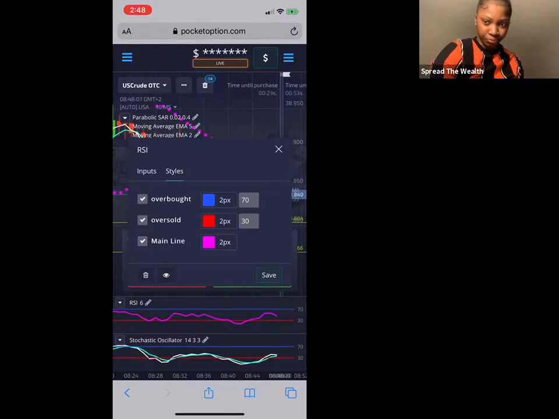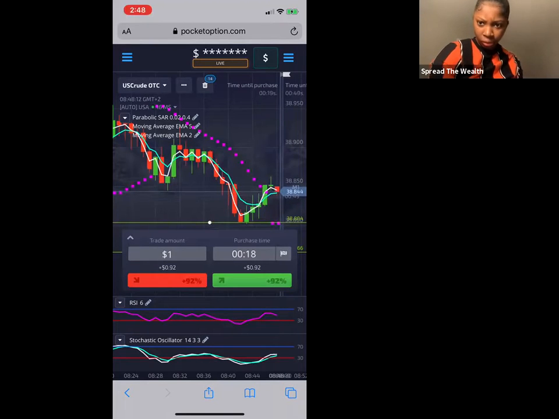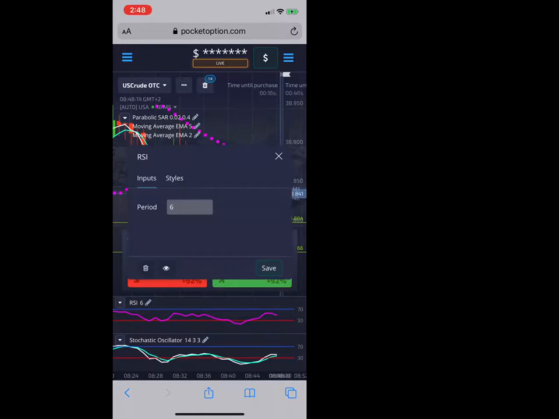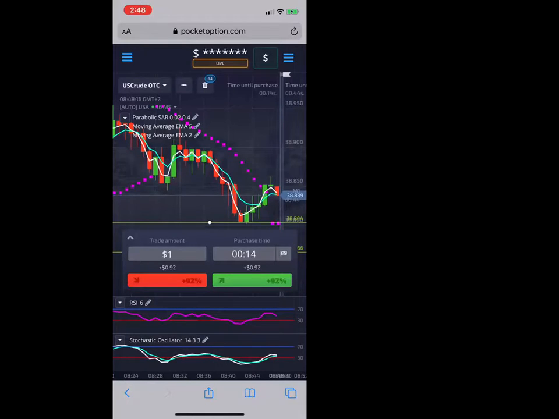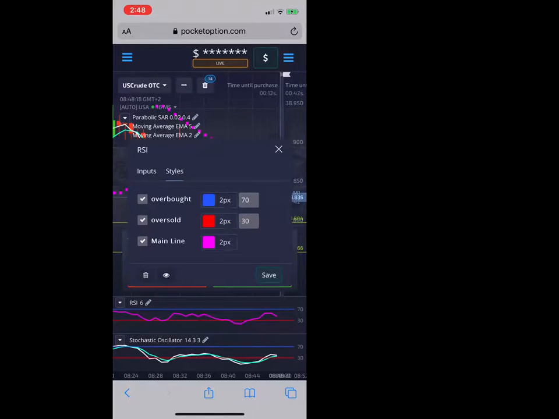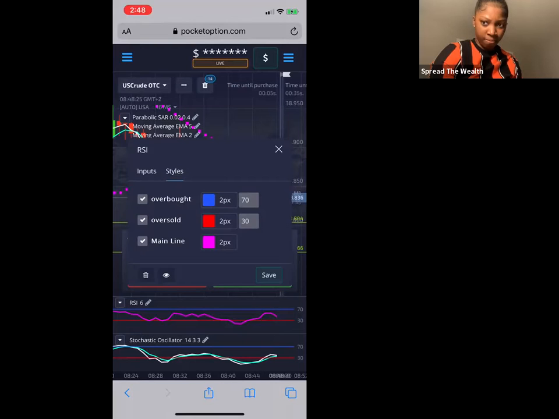Okay. You made sure this right here, your overbought and oversold, the colors were swapped, right? Mhm.